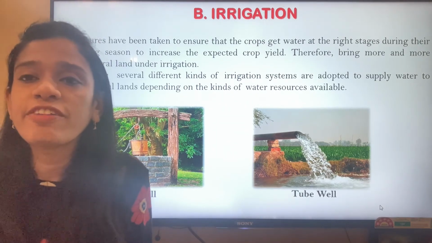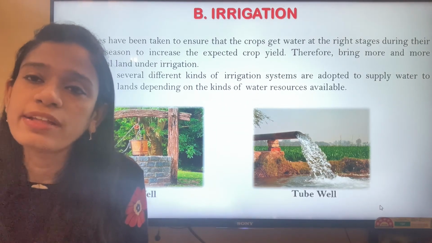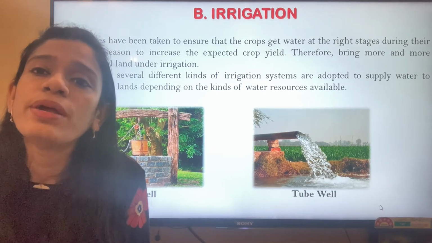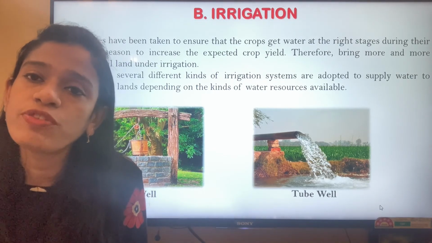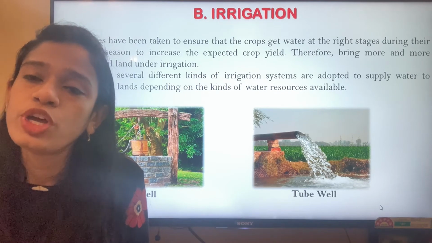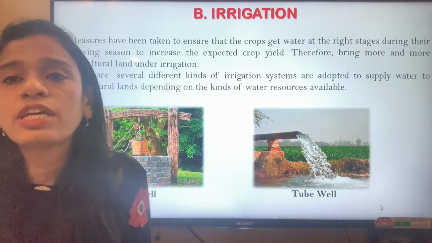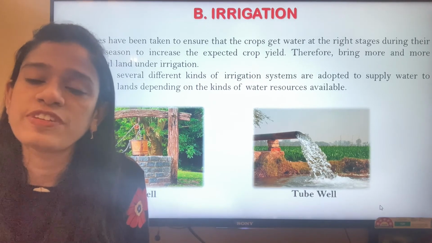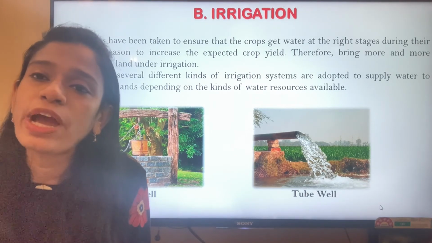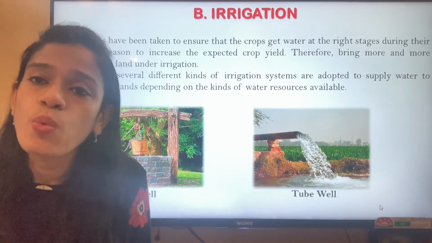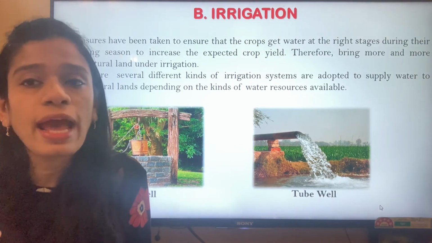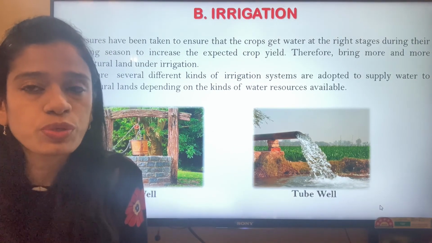So it is very risky to depend on rainfall alone for a crop. So we must always have a backup, and it is best to go for the irrigation facility which will provide the crops with water when and where required, and in the proper amount.